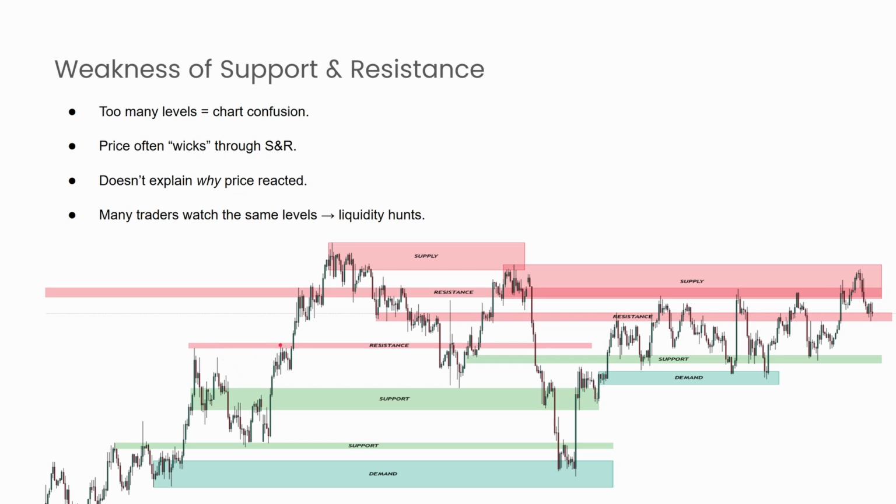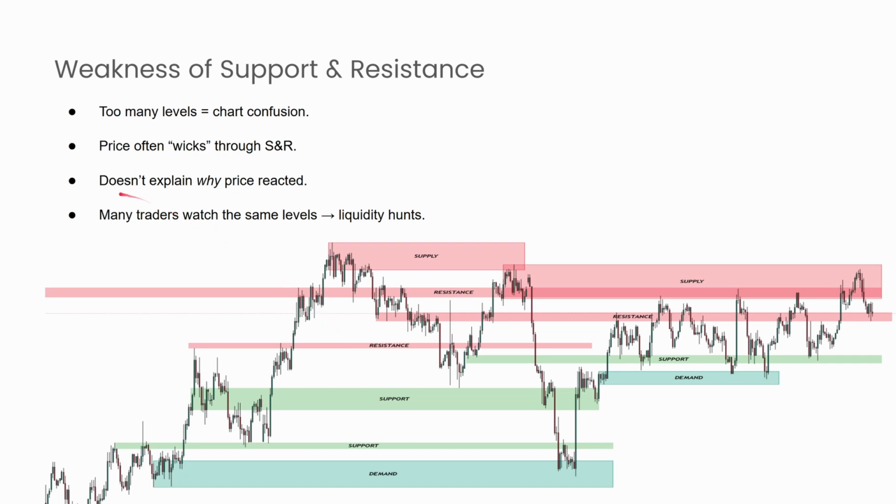But what backing do you have behind your decision making? There is no logical reason behind it. It is pure guesswork. That is the best definition of support and resistance. It thrives on hope that just maybe price is going to react from this zone and give us a sell or a buy signal.